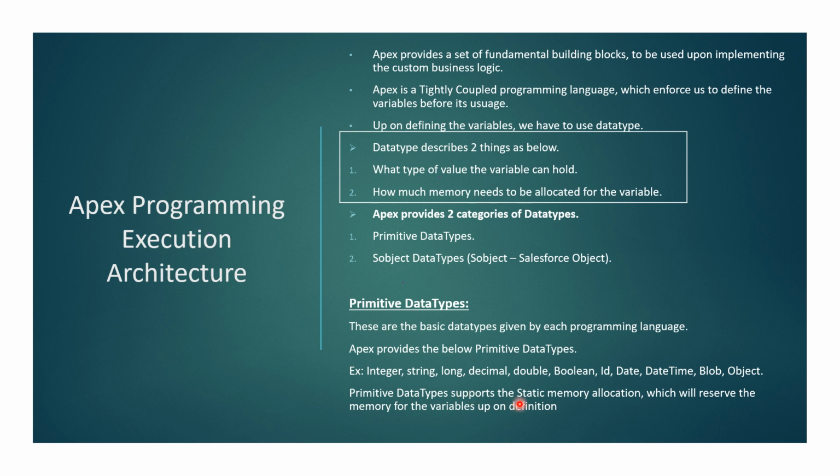Primitive data types support static memory allocation. Static means it won't be changed. It supports static memory allocation, which reserves the memory for the variables upon definition.